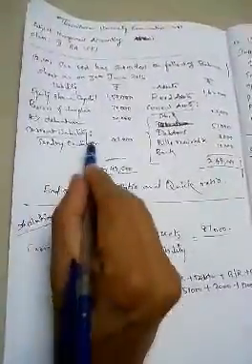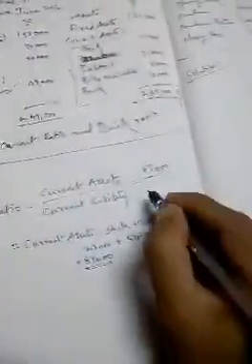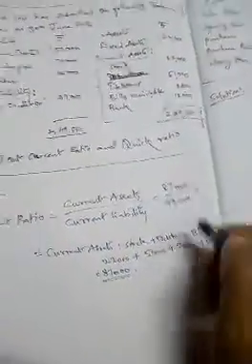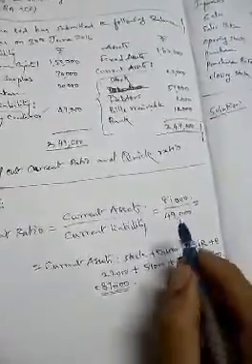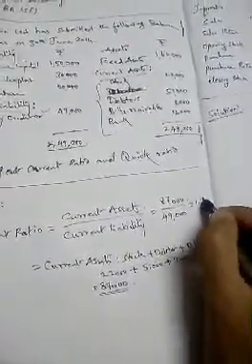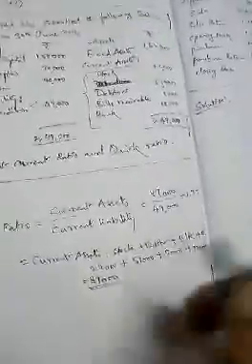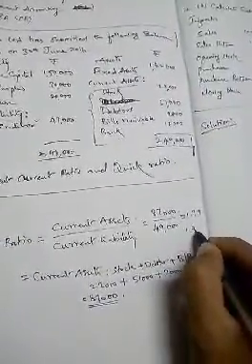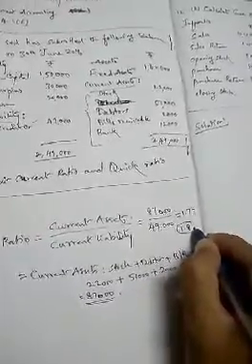Only one item is given, that is sundry creditor, 49,000. If you simplify this, you get 1.77 something, or you may write 1.8 as the answer.